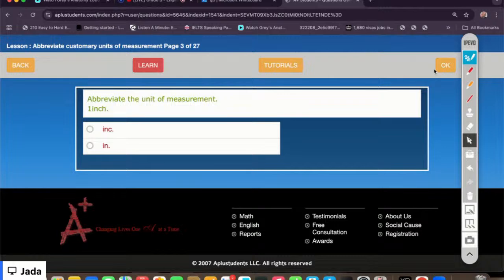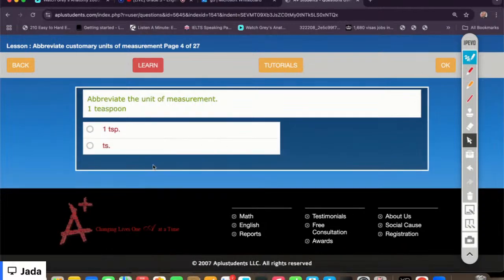What is the abbreviation for 1 inch? Okay. So inch is IN.